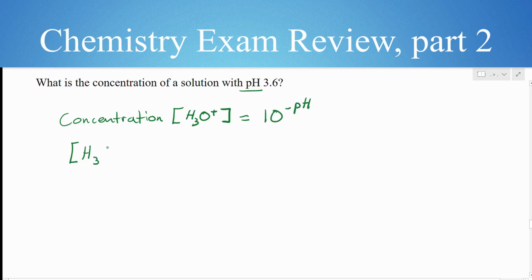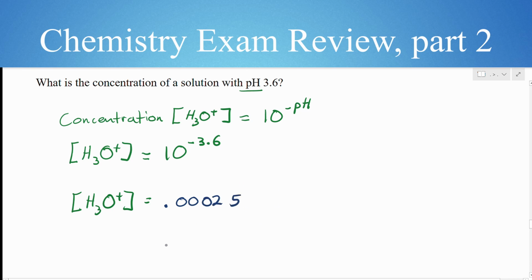So let's start putting in our numbers. The concentration is going to be equal to 10 to the negative value of the pH, so negative 3.6. The answer here is going to be 0.00025 as our concentration. The key here is to know the equations to find concentration and to find pH.